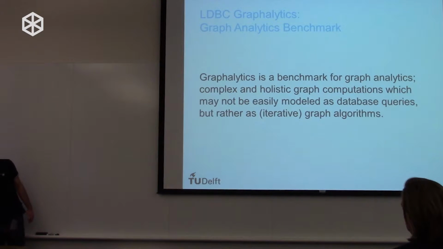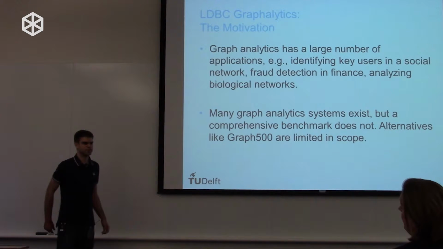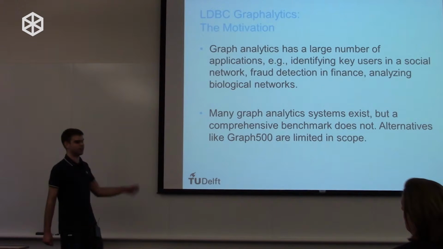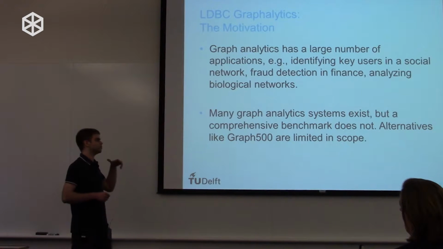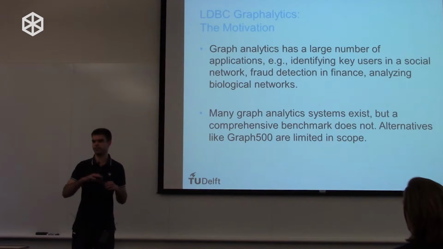So why should we even care about these types of graph algorithms? Well, first of all, graph analytics is everywhere. It has many different applications, right? From identifying the key users in a social network to analyzing financial transactions and detecting fraud.